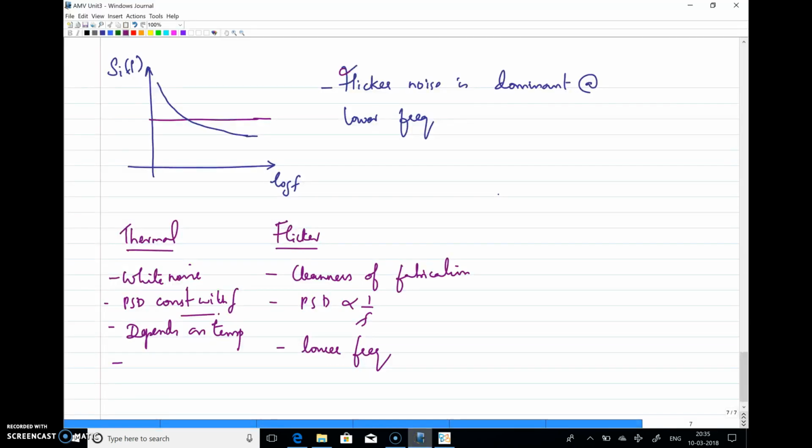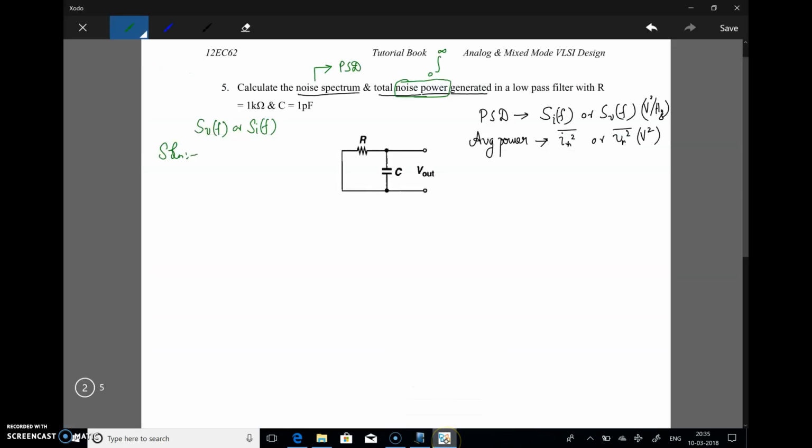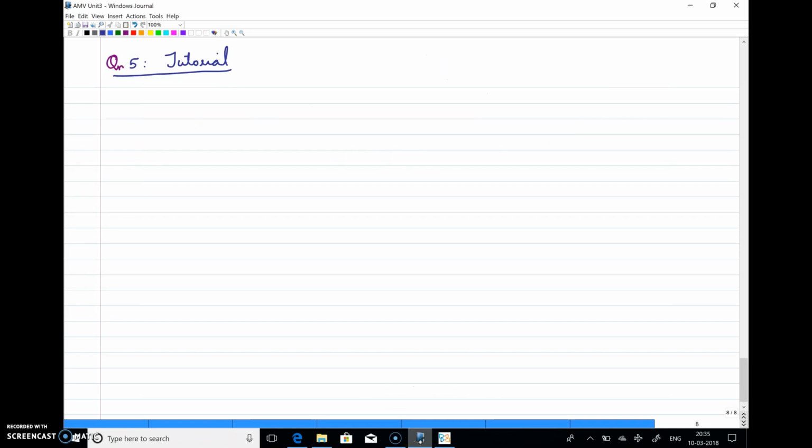This is question number 5 of the tutorial. This is the circuit diagram which is given, with a resistor and capacitor, and this is the output.